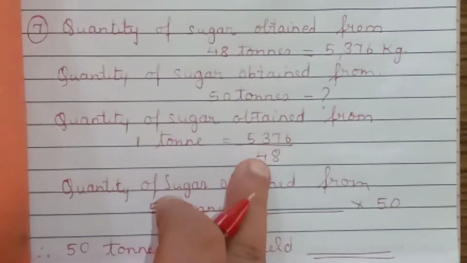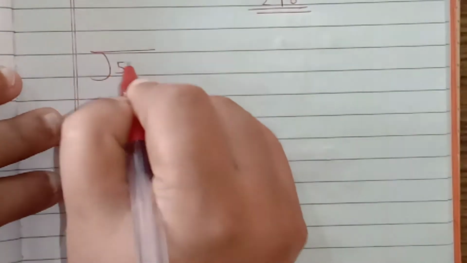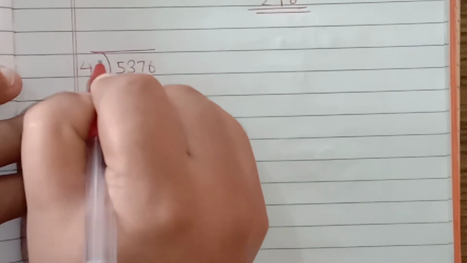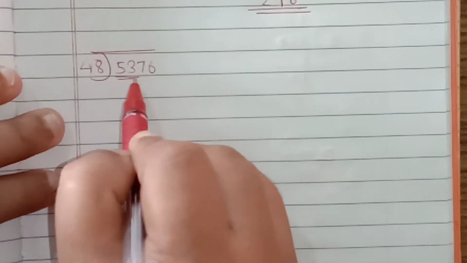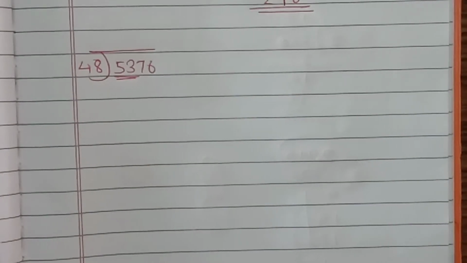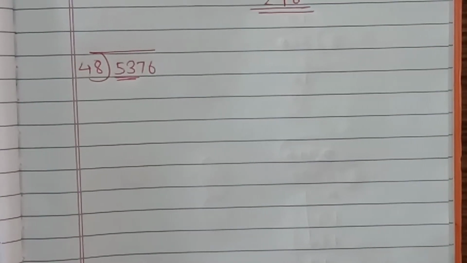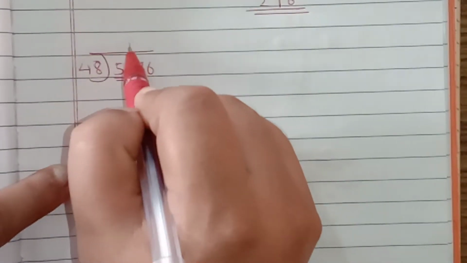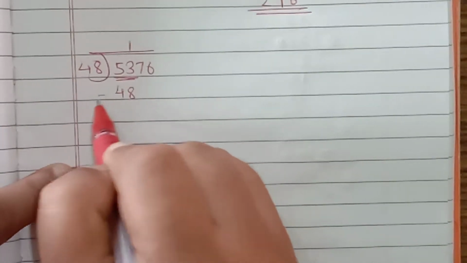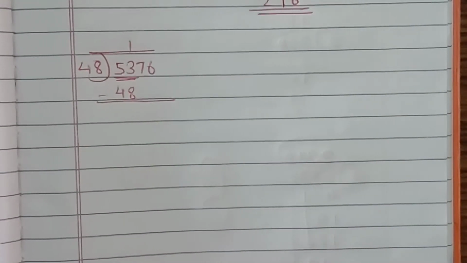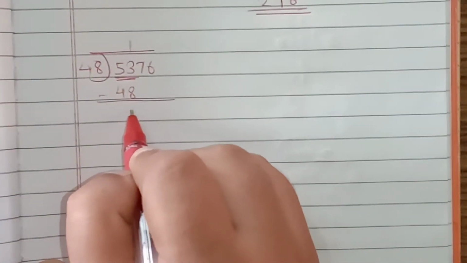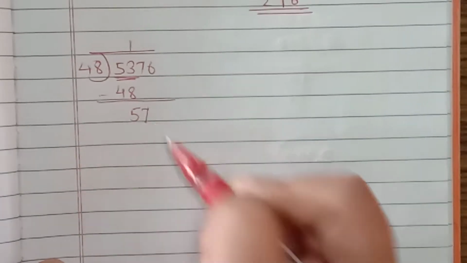We will do the division in rough work. What is the number? 5376 divided by 48. Now we will search for 53 in 48. We will not get that exactly, but a smaller number, yes, 48 ones are 48. After 48, count till 53: how many numbers are there? Yes, 5. So we will write here 5 and take 7 down.